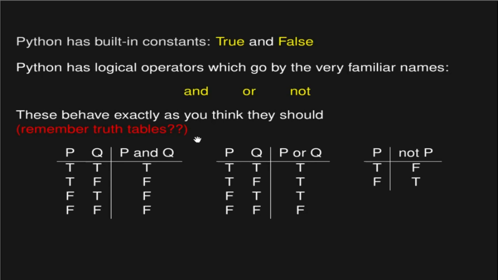And do you remember your truth tables way back from your first proofs class? Just to refresh your memory, P and Q will give you values of true only when P is true and Q is true. P or Q will be true anytime at least one of them is true, and if P is true, then not P is false, and if P is false, then not P is true. And so we've got all of these logical operators that we can apply in our comparison statements.